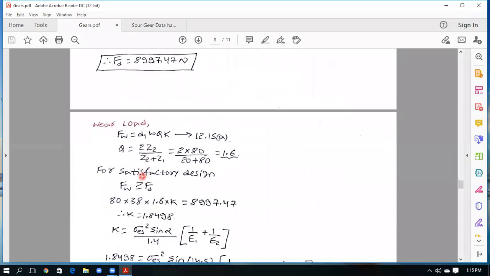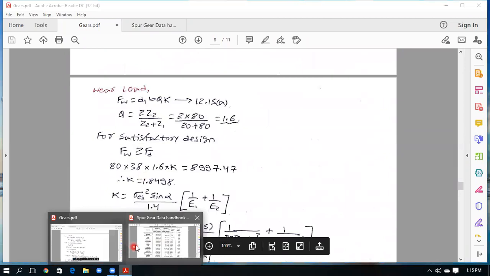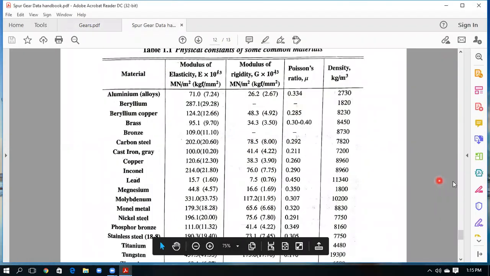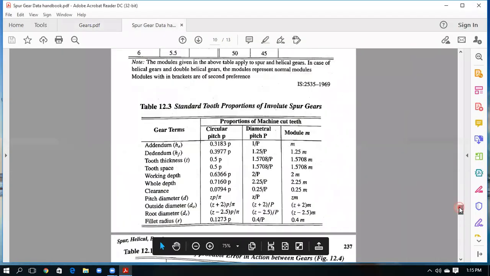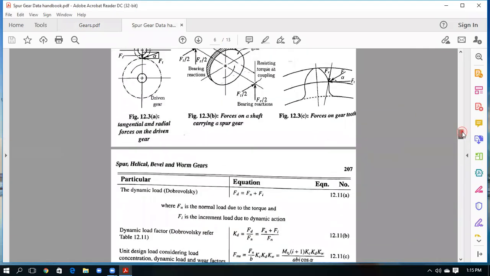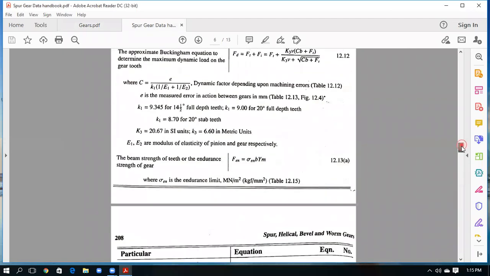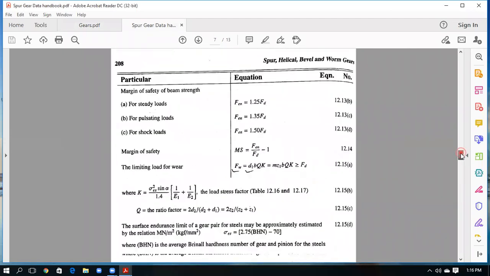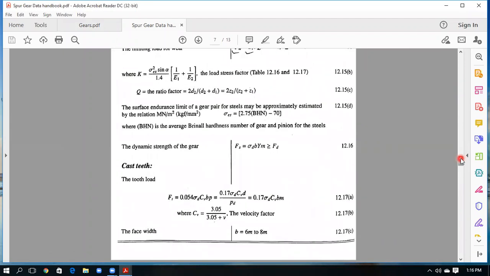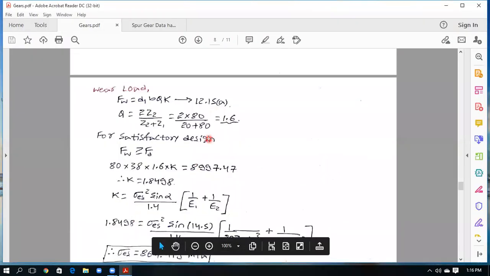After that, you need to calculate the wear load. The wear load formula is there. This is the formula for dynamic load, right? The equation for the wear load is 12.15a.